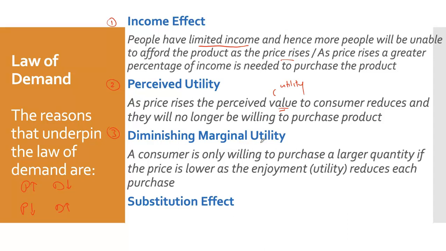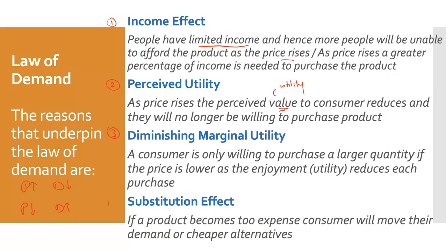So for example, if you really like chocolate bars and you buy one, you're going to enjoy that significantly. As you buy your second one, you're going to enjoy that one slightly less. And the third and fourth, until you get to a point where you're getting no enjoyment out of eating more chocolate. And the same concept happens here.